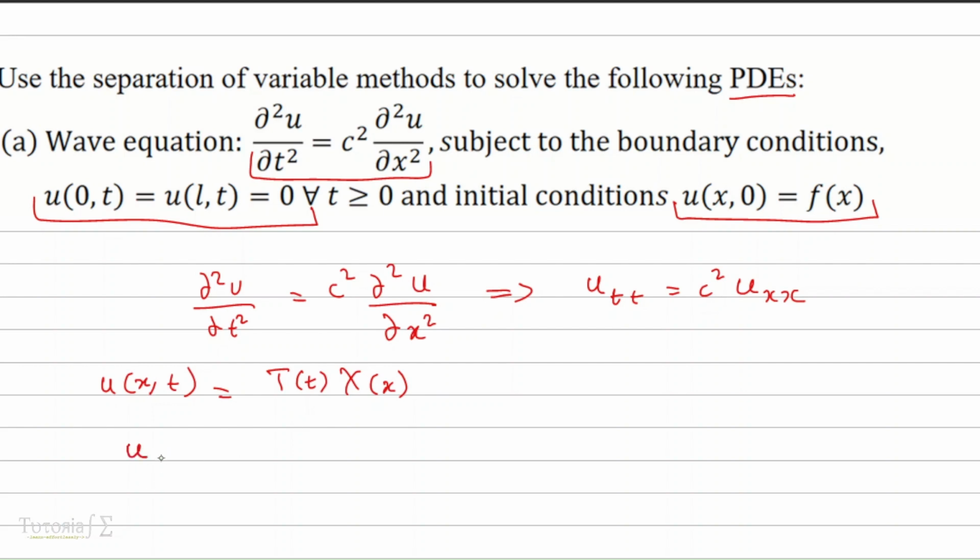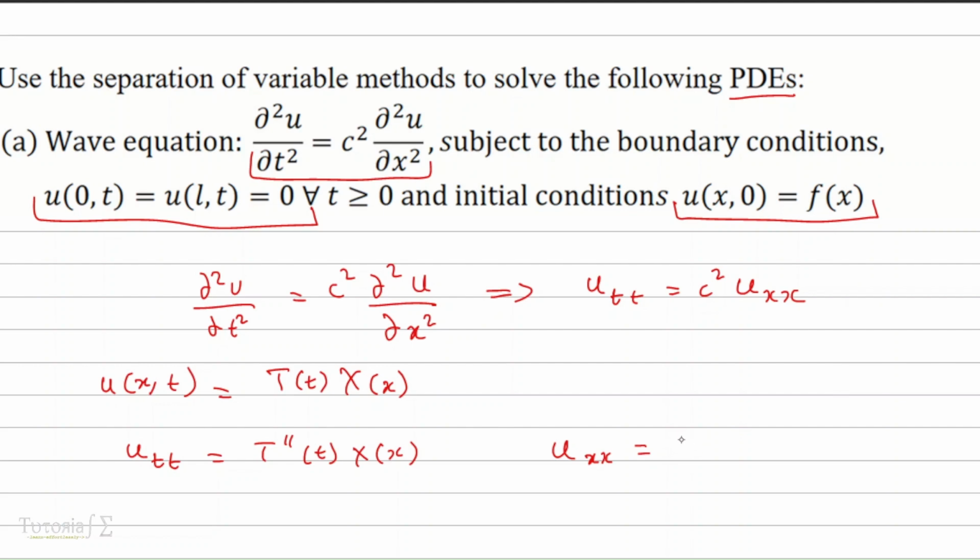So u_tt will just be equal to T double prime of t, then X of x. Then what about u_xx? The c squared will remain.